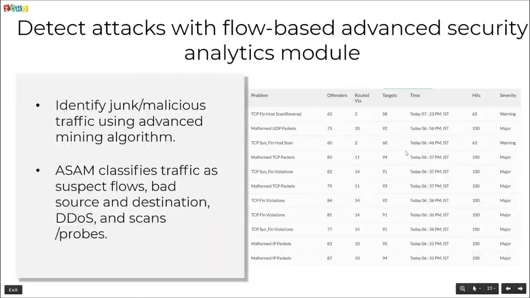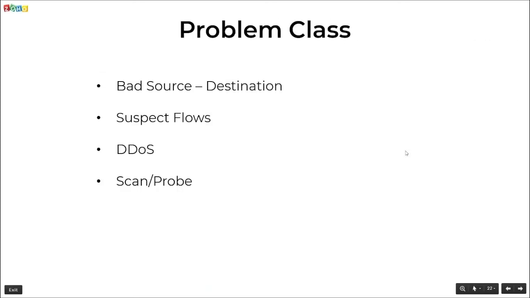right? So basically, we categorize our problem classes into four major categories, which are bad source and destination, to detect if there are any IPs coming into the network which are not in the normal or allowed ranges.